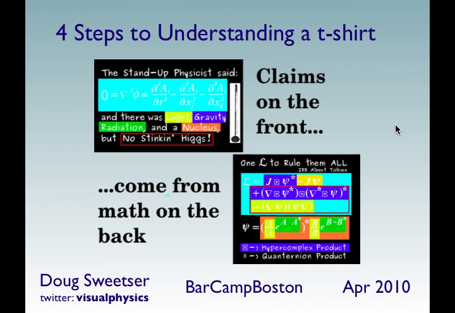The Higgs particle is something physicists are working very hard to discover at the Large Hadron Collider. They're spending $10 billion to spot it. And this t-shirt says we don't need it. That is the claim. The way I back it up is with all the scary math on the back.